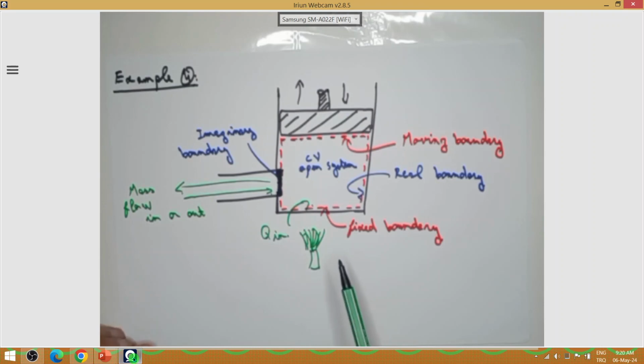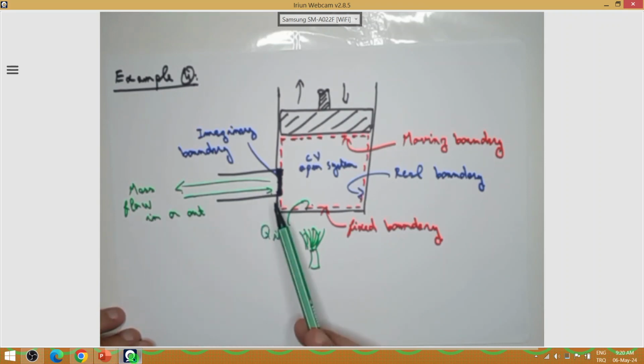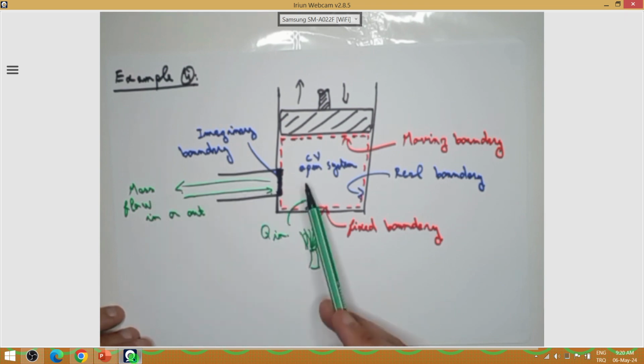The main characteristic of an open system or control volume is that it can exchange mass with the surrounding. So when we are speaking about a control volume or an open system, we always find that mass can flow in and out of the system.